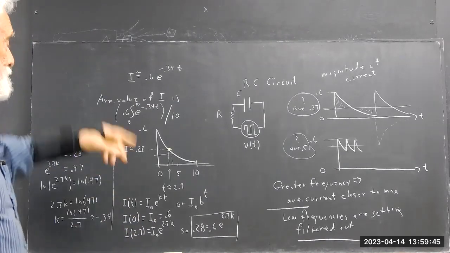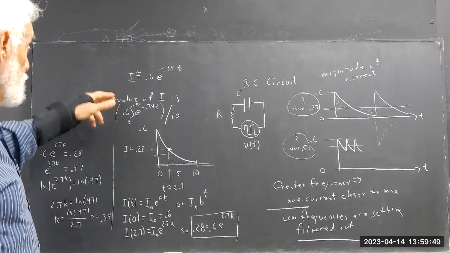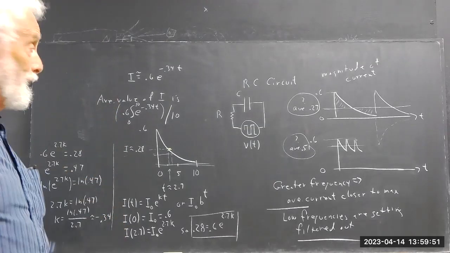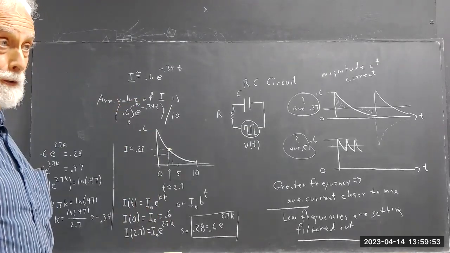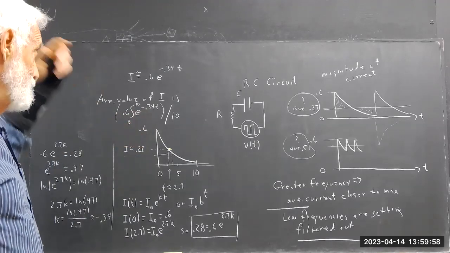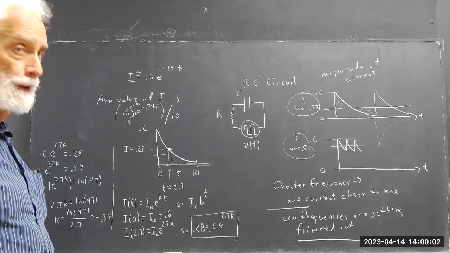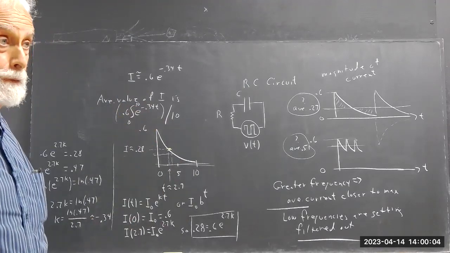Okay, well, you take your antiderivative here, and you're going to get 0.6 over 0.34 times e to the negative 0.34 t. Evaluating e to the negative 0.34 t at 0, you're going to get 1. Evaluating it at 10, it's going to be down pretty close to 0.